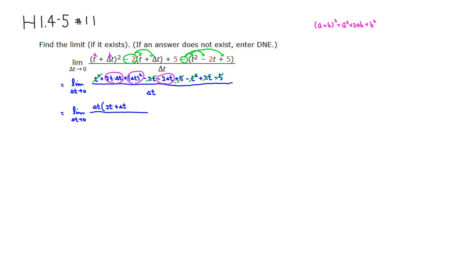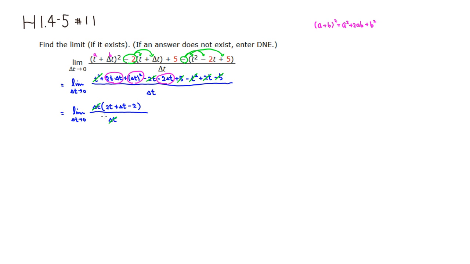And the negative 2 delta t is factored out, so you have a negative 2 left over. Then we still have delta t on the bottom, right? Then we can just cancel the common factor, delta t on top and delta t on the bottom, because delta t divided by delta t is 1.